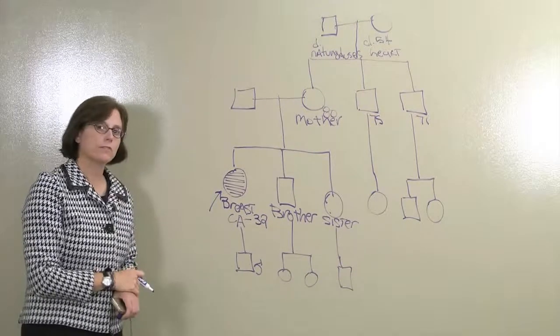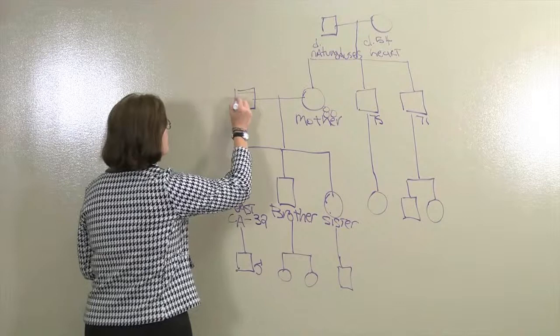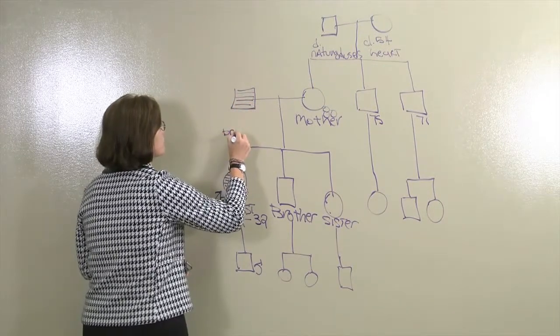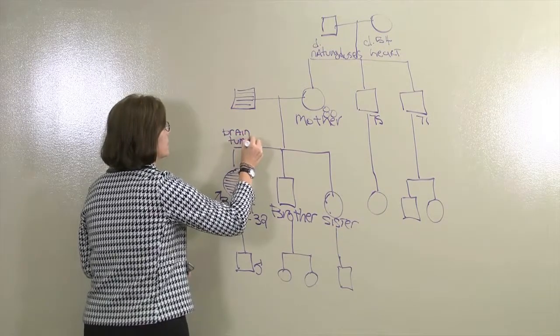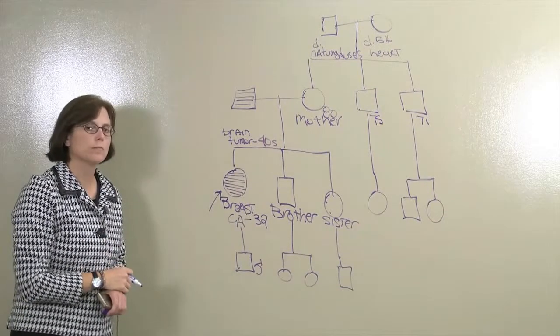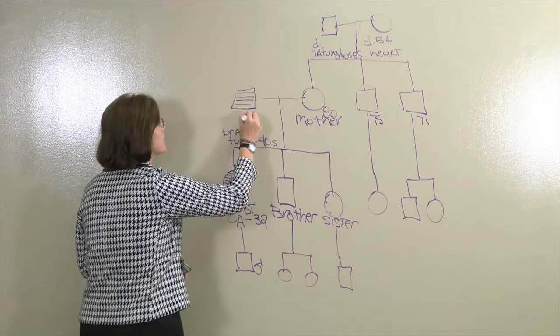Now let's think about her father's side of the family. Her father's living, and he was diagnosed with a brain tumor when he was in his 40s. She doesn't know the exact age, but she knows it's in his 40s. And he's now 81.